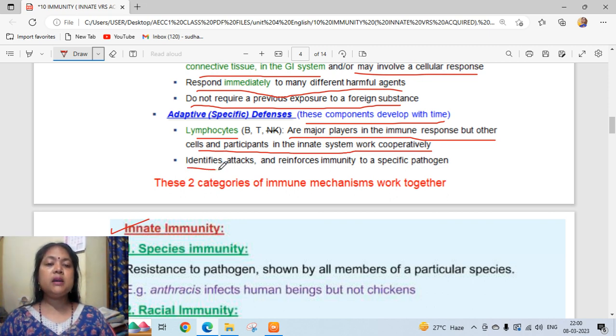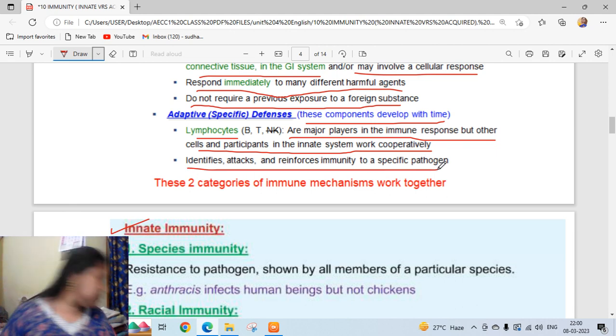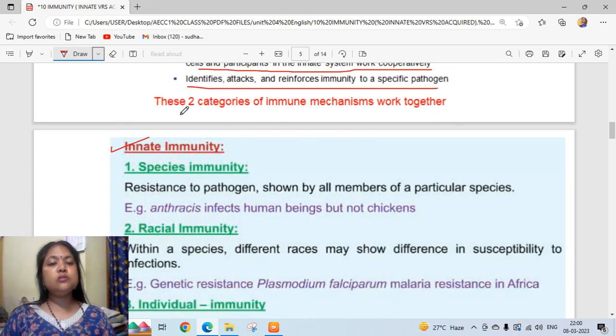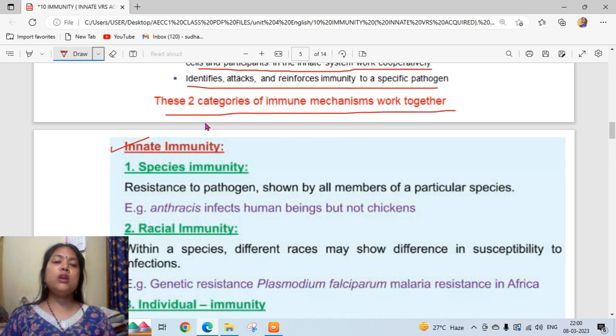Then it identifies, attacks and reinforces immunity to a specific pathogen. So these two categories of immune mechanisms work together in our body.